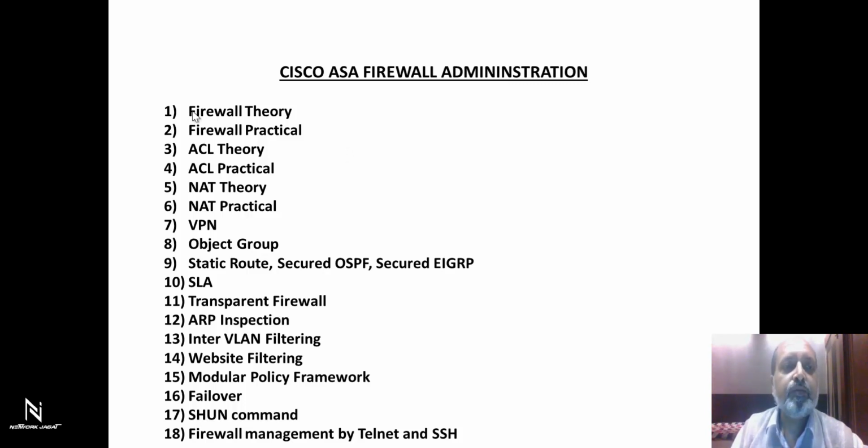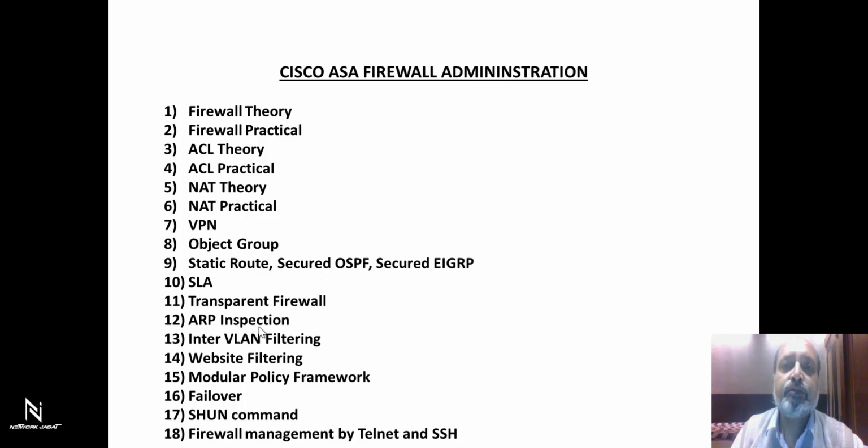So these are the topics. First we have firewall theory, then firewall practical, then access control list, or in short ACL theory, then ACL practical, then network address translation or NAT theory, NAT practical, virtual private network VPN, then object group, then static route, secured OSPF, secured EIGRP, SLA or full form service level agreement, transparent firewall, then ARP inspection.